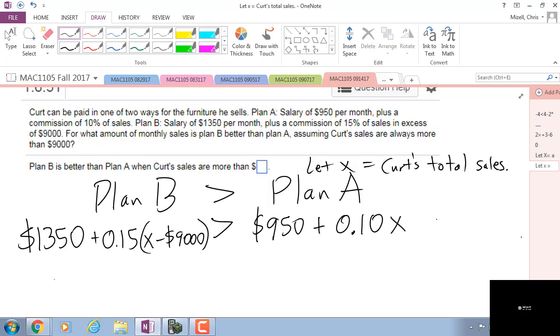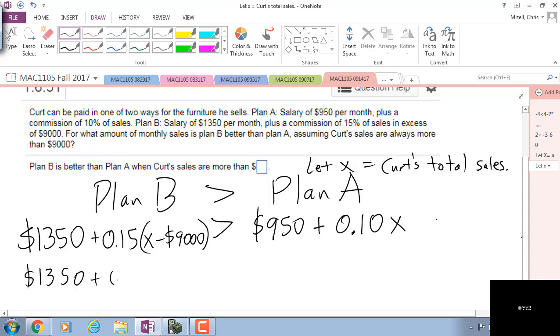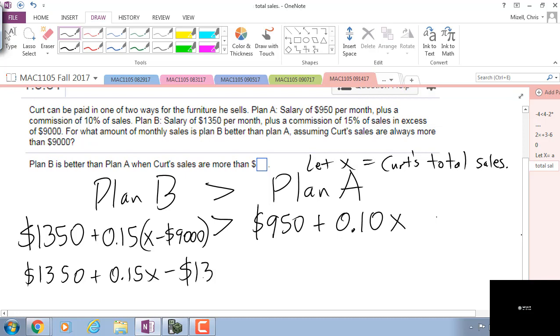Let's solve it. Simplify by distributing the 0.15 across the parentheses. 0.15 times X minus 0.15 times $9,000, plus $1,350.